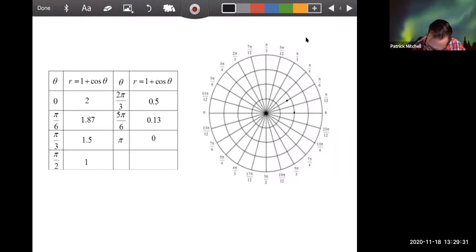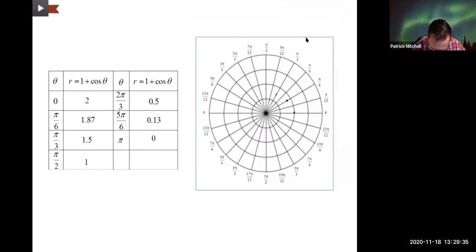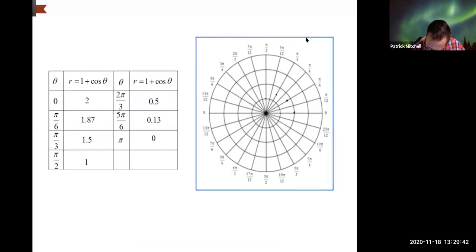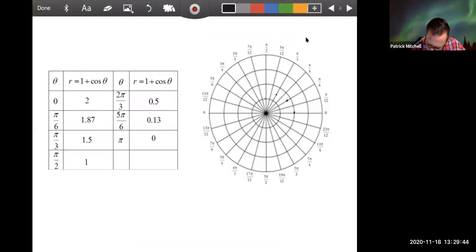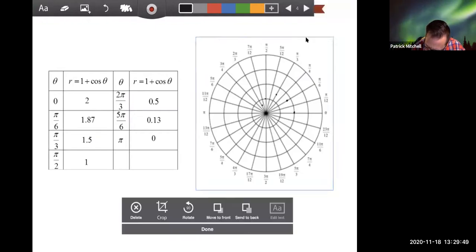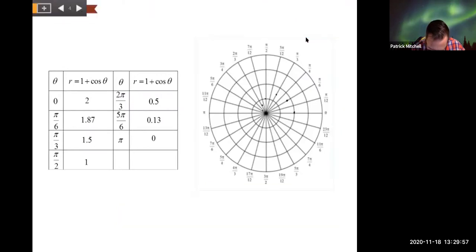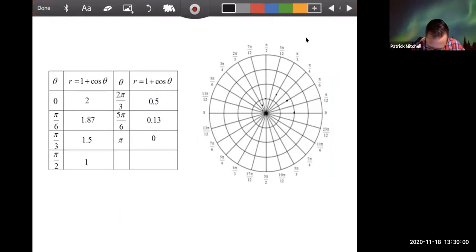Pi over 3, 1.5 is going to be right about there. Pi over 2, 1 is going to be right here. 2 pi over 3, 0.5, that's going to be right about there. 5 pi over 6, 0.13, that's very close to the origin. And then finally, 0, pi is right at the origin.